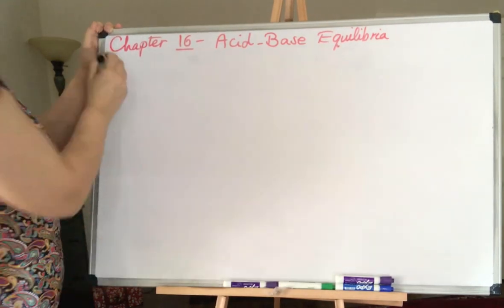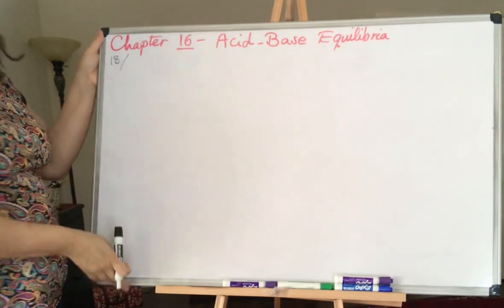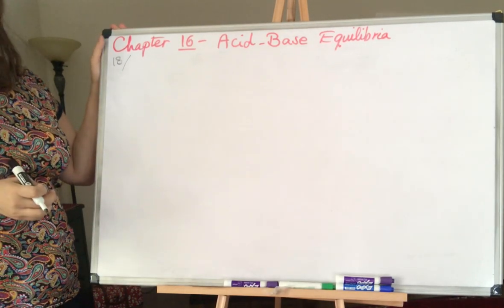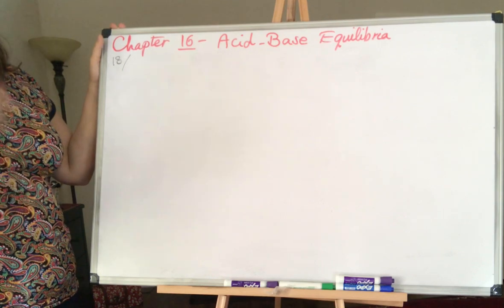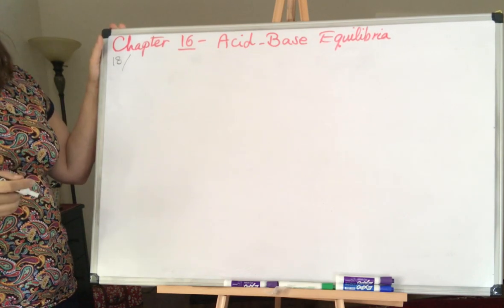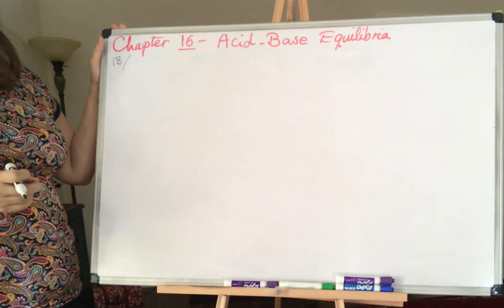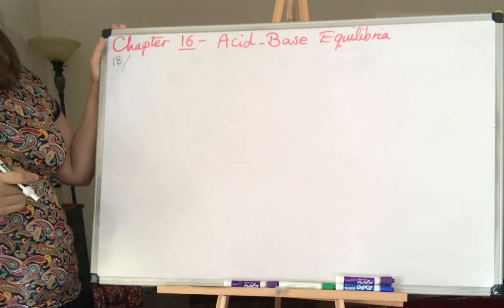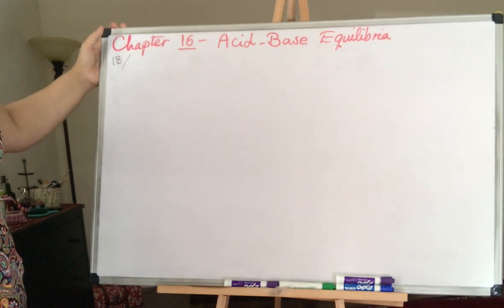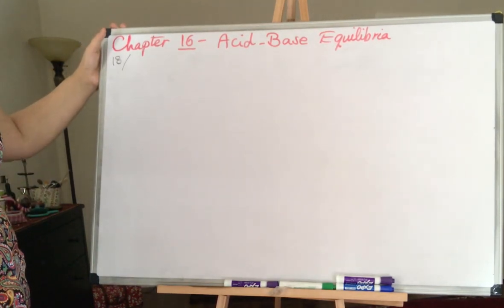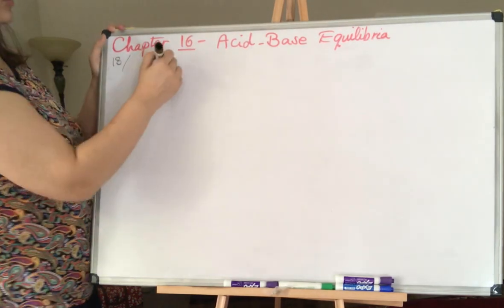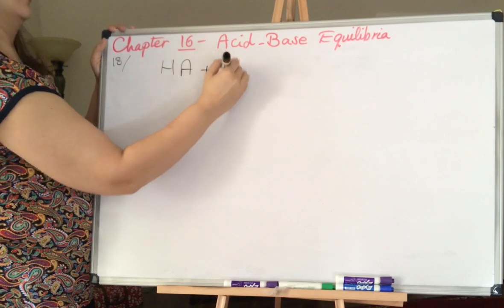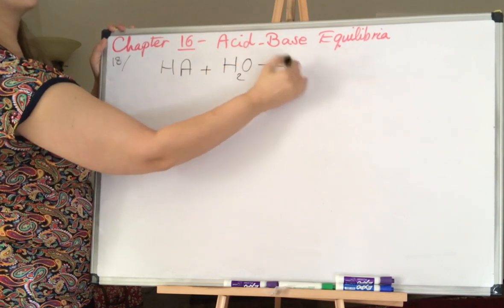So let's work on slide number 18. Sore throat medications sometimes contain the weak acid phenol. A 0.10 molar solution of phenol has a pH of 5.43. Instead of writing the formula for phenol, let's just write down HA. As I told you, it's useful everywhere.